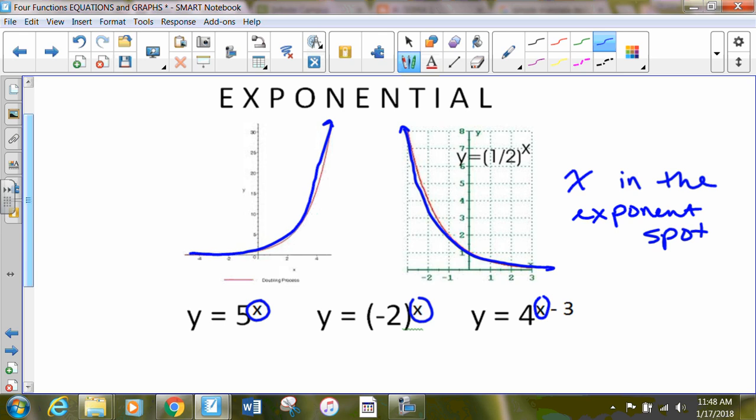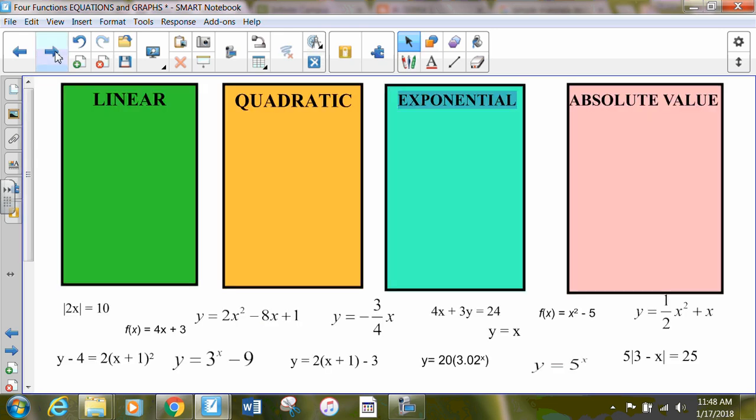And then, of course, it doesn't have an x in the denominator. So just look at this and know that this test coming up is just going to assess whether you can recognize a graph of these 4 different functions and an equation of these 4 different functions. So let's go ahead and go to the back of the page and see what we can do.